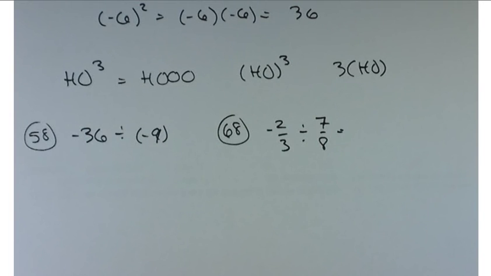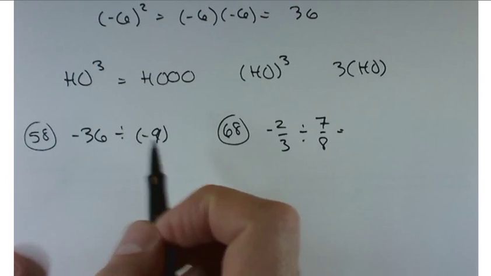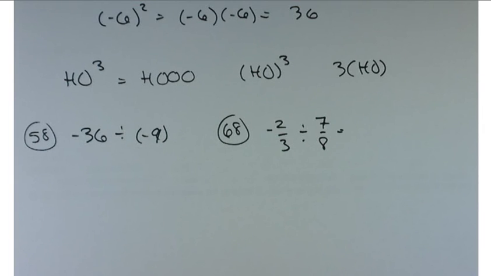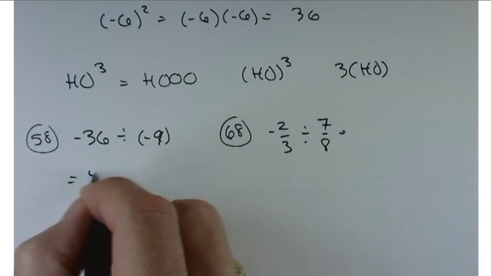The first one should be pretty straightforward. First one is just, divide. Now you've got a negative divided by a negative, so positive. Good. So positive, and 36 divided by 9 is 4.